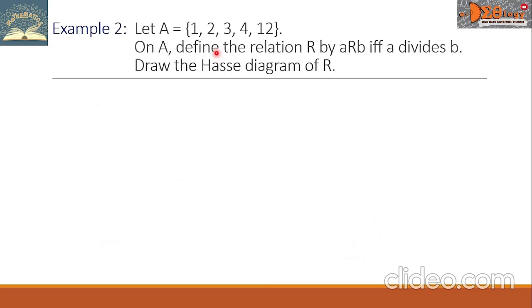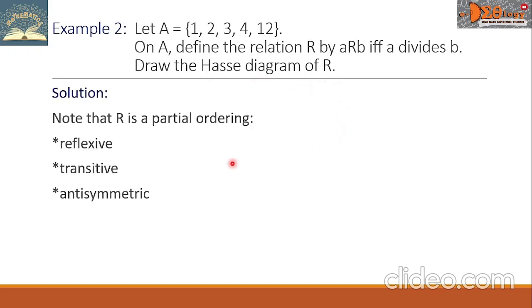Example 2. Let set A equal 1, 2, 3, 4, 12, five elements. On A, define the relation R by a R b if and only if a divides b. Draw the Hasse diagram of R. Note that R is a partial ordering here.